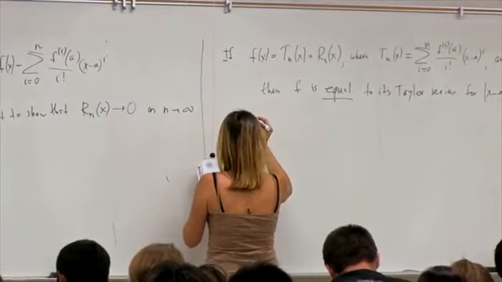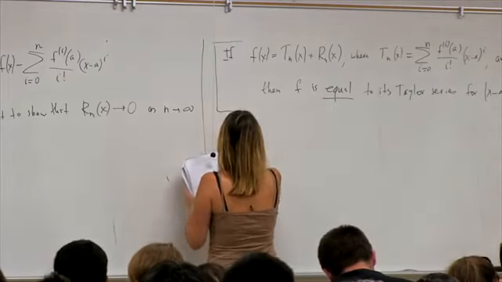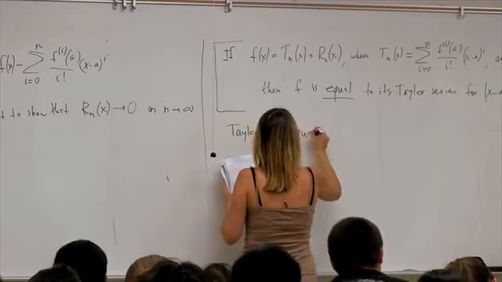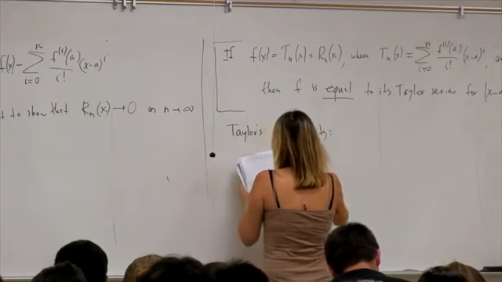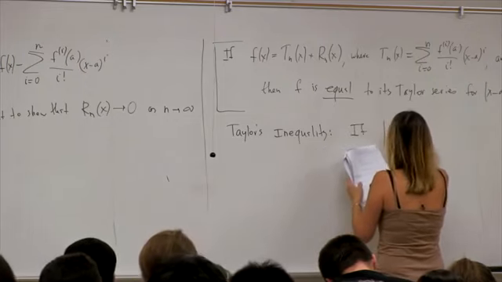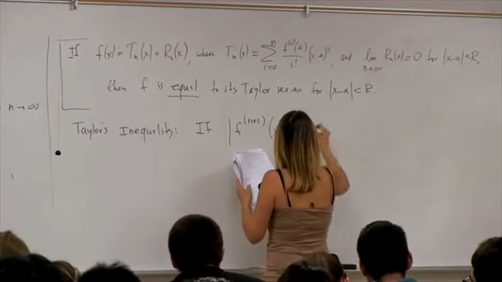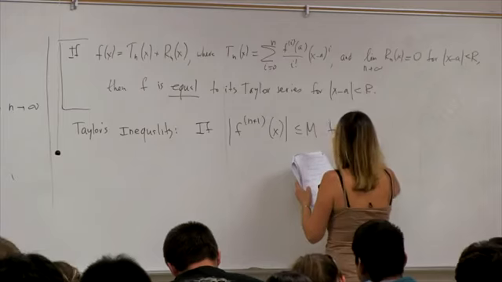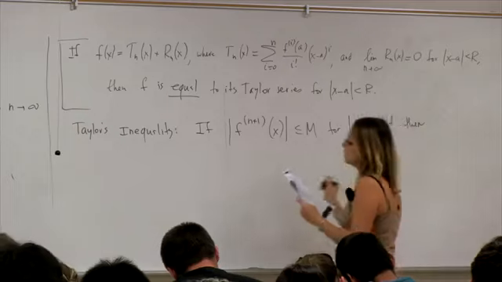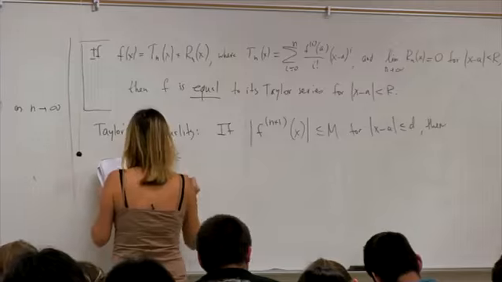So here's a theorem that helps us do this. It's called Taylor's inequality. If we can show that the derivative of order n plus 1 of f is bounded inside the radius of convergence, then Rn of x satisfies the following inequality.